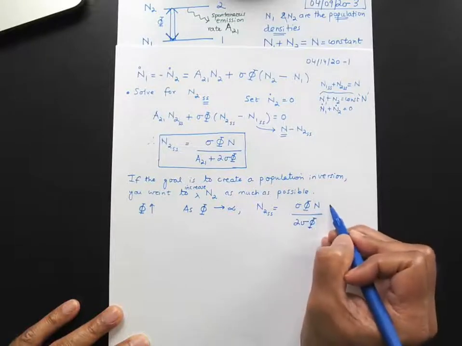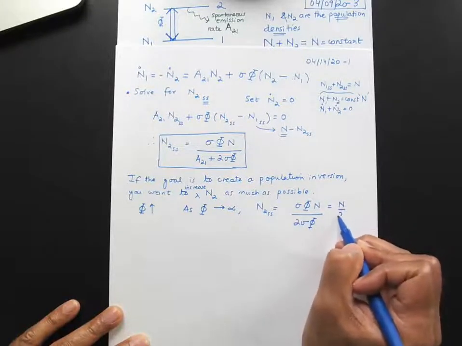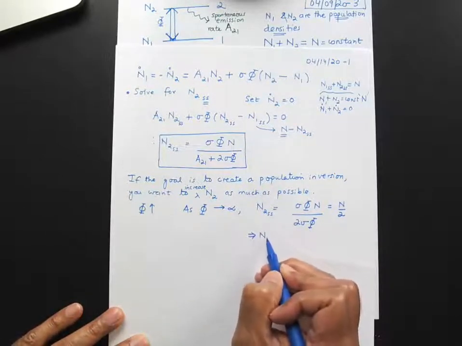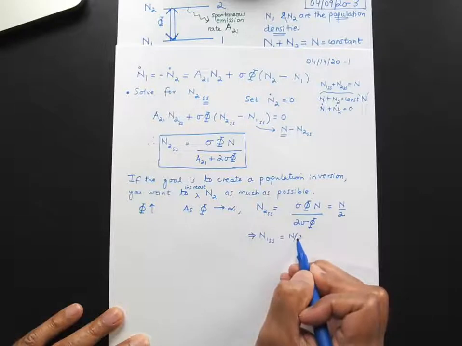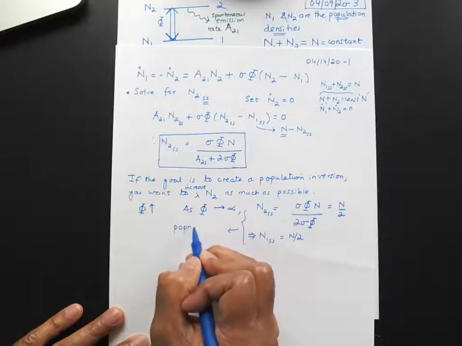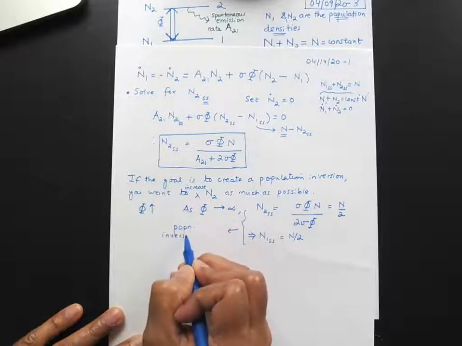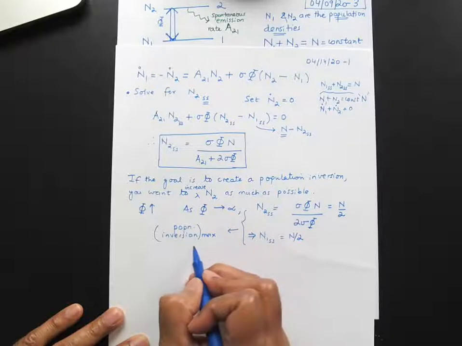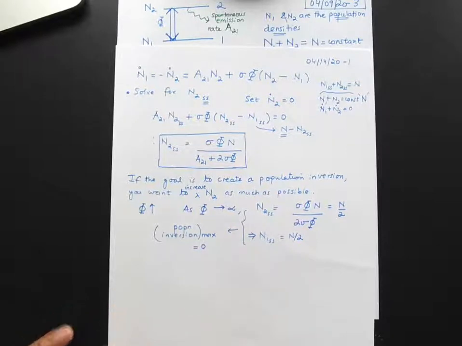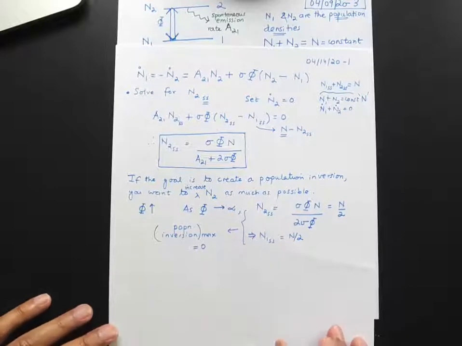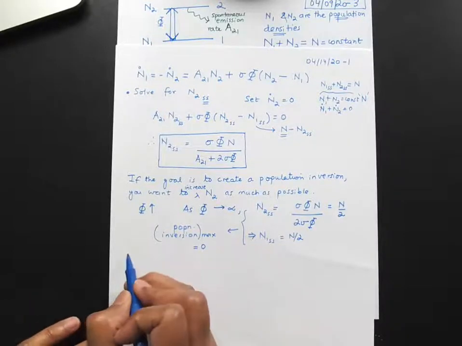And of course, as we were predicting, this turns out to be N over 2, right? And this implies that N1 steady state is N over 2. And so your population inversion, the best you can do, population inversion maximum, is 0. Okay? So it's either negative or 0. It's never positive.